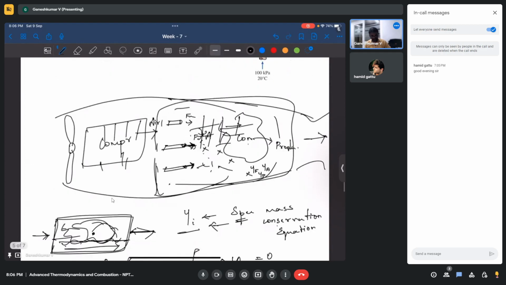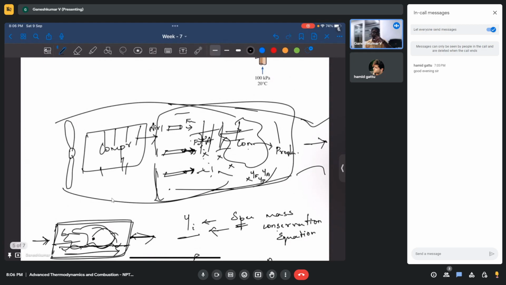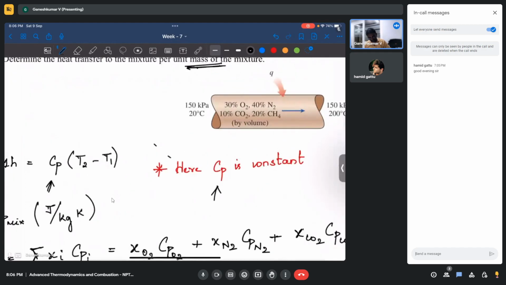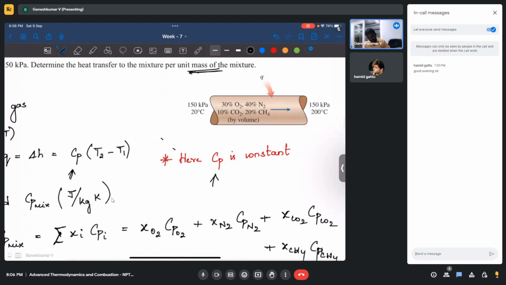So it depends upon the field of study whether you consider it uniform or non-uniform. In this same case, let's say you have a thing coming in. What we did here was we said that 30% O2 is coming in and 30% O2 is going out, right?